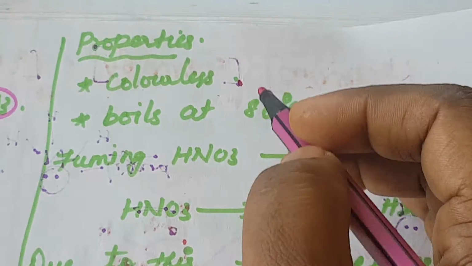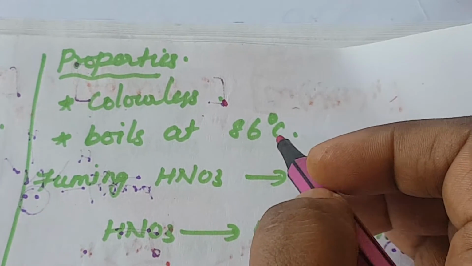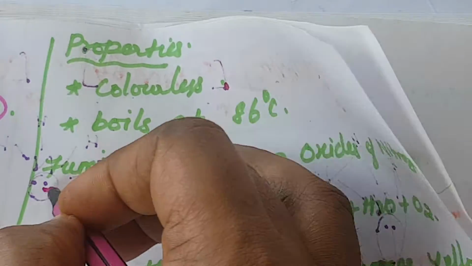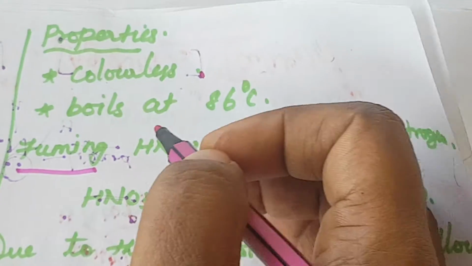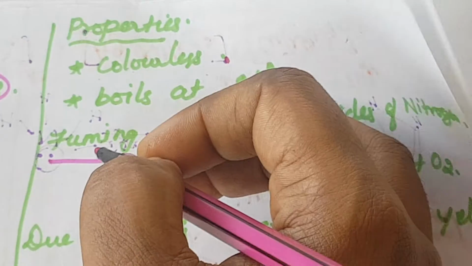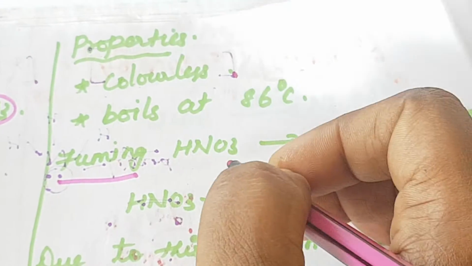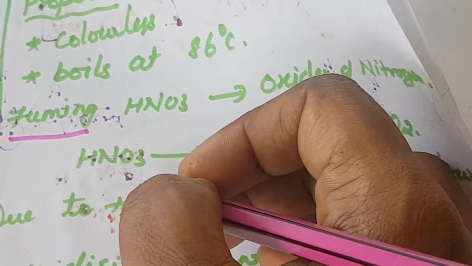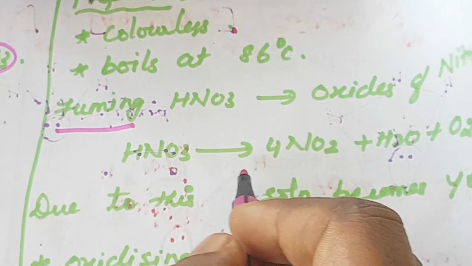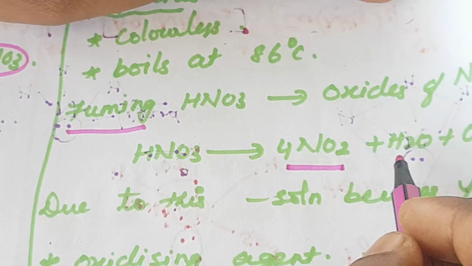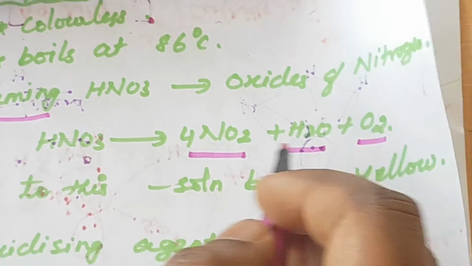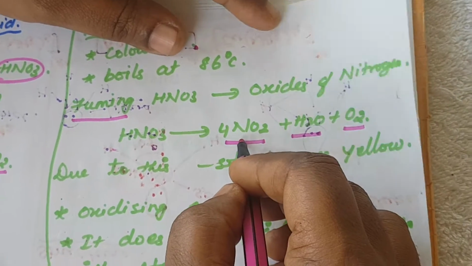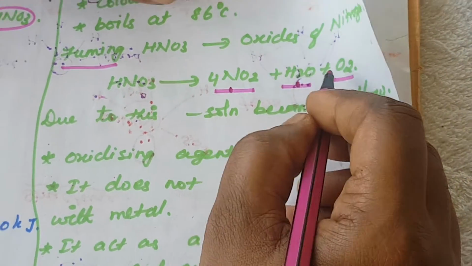It is colorless and boils at 86 degrees Celsius. What is meant by fuming nitric acid? The vapors of nitric acid look like white vapors, so that is fuming nitric acid. It is converted into oxides of nitrogen: nitric acid decomposes into NO2, H2O and O2.